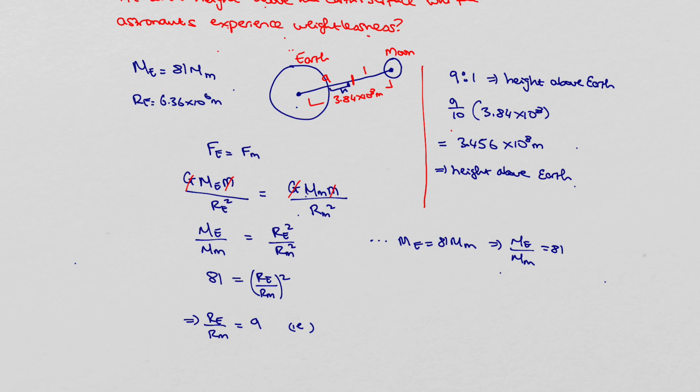So h is equal to 3.456 by 10 to the power of 8 minus the radius of the Earth, which is 6.36 by 10 to the power of 6. That gives me 3.39 by 10 to the power of 8 metres above the Earth. It's a really nice maths question there, linking your ratios to the distance between the two. Okay?